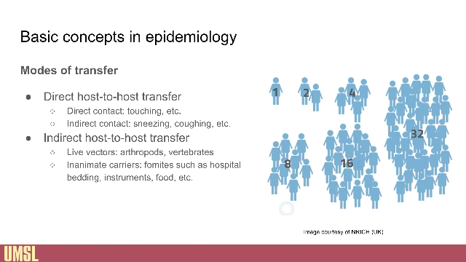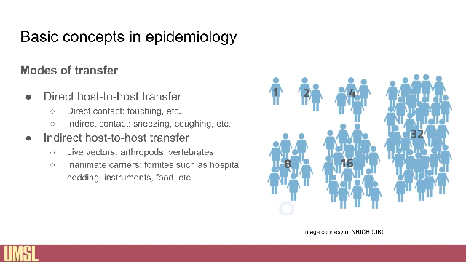And so if we're thinking about epidemiological events, and so thinking about population level disease transmission, there are two bookends to what you would imagine in terms of how infectious diseases are spread.